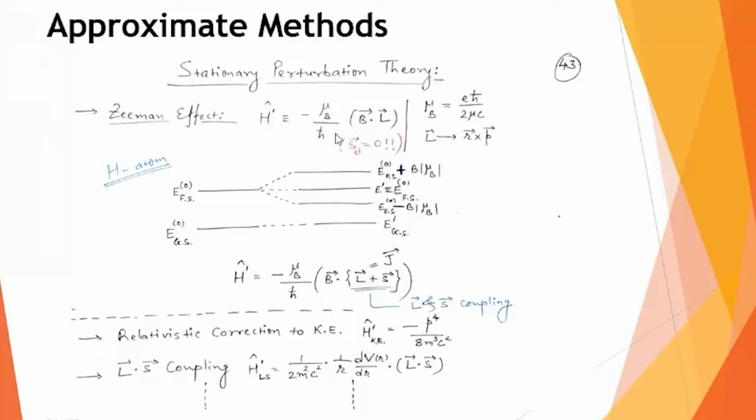Mu B is the Bohr magneton, H cut is, of course, Planck's constant divided by 2 pi, B is the applied external magnetic field, and L is the orbital angular quantum number. Here in this first case, I am not including the effect of spin, so I exclude whatever role is played by the spin.